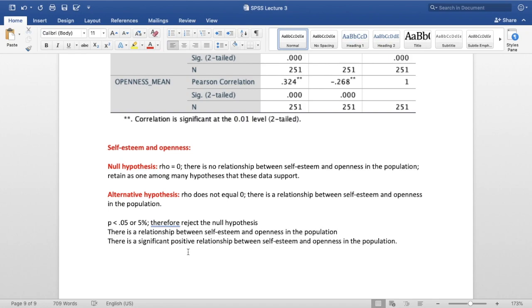And you could say there's a relationship between self-esteem and openness in the population, and then you can say specifically there is a significant positive relationship between self-esteem and openness in the population.